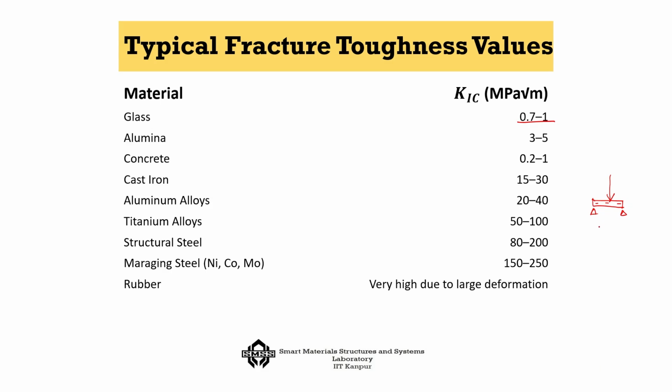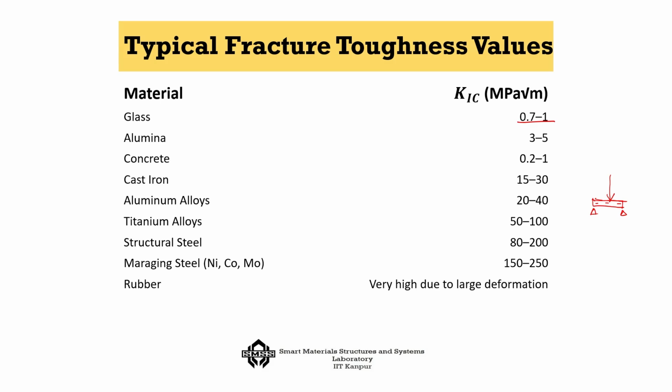Now, if you dip this glass in a corrosive acid, then some of these surface cracks are going to be corroded away, and if you do the same test, you are going to see that the load carrying capacity will increase.